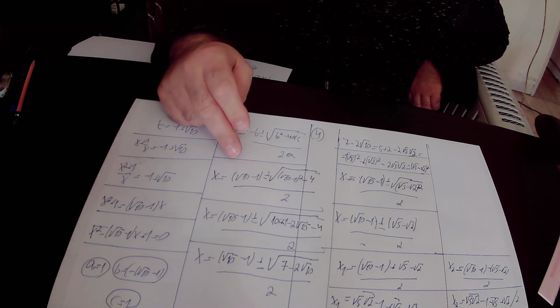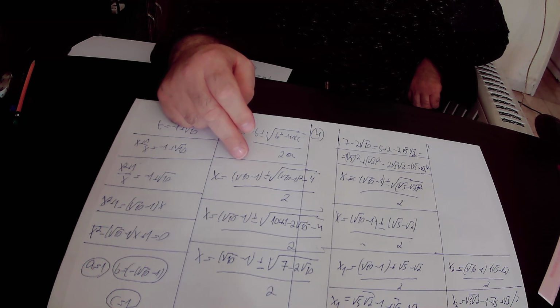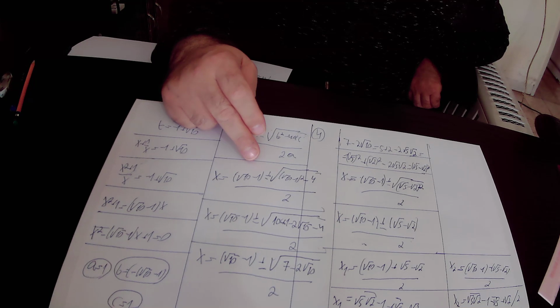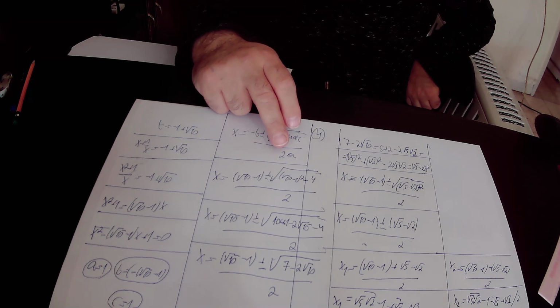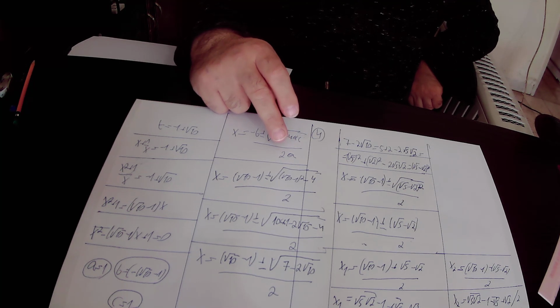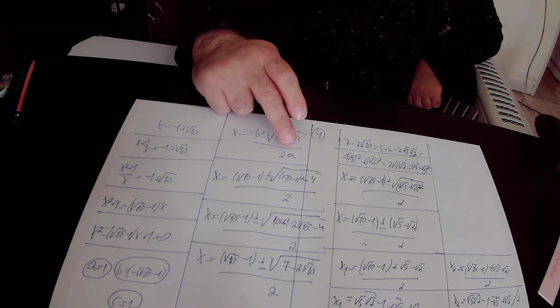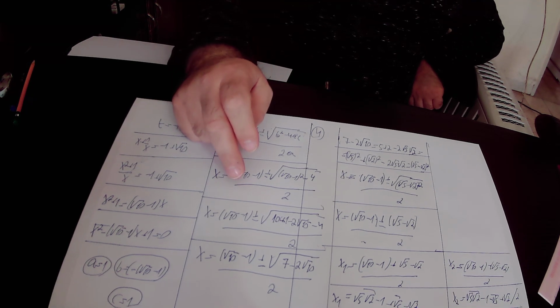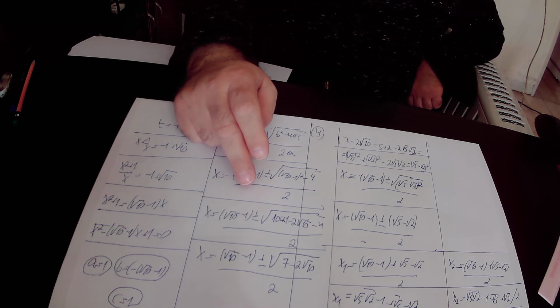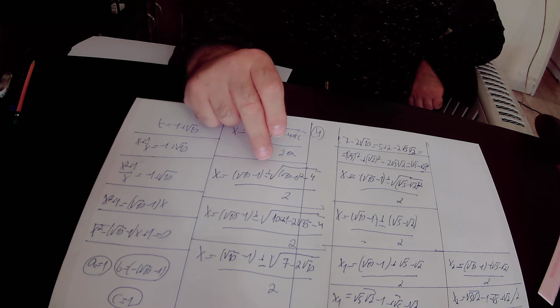so in conclusion we got that minus b equals square root of 10 minus 1, plus minus square root of b squared. B squared is square root of 10 minus 1 squared, minus 4 times ac is minus 4, over 2. So we got that x equals square root of 10 minus 1 plus minus square root of square root of 10 minus 1 squared.